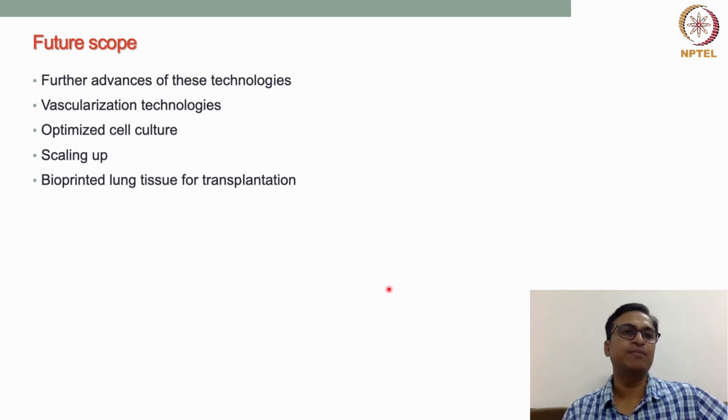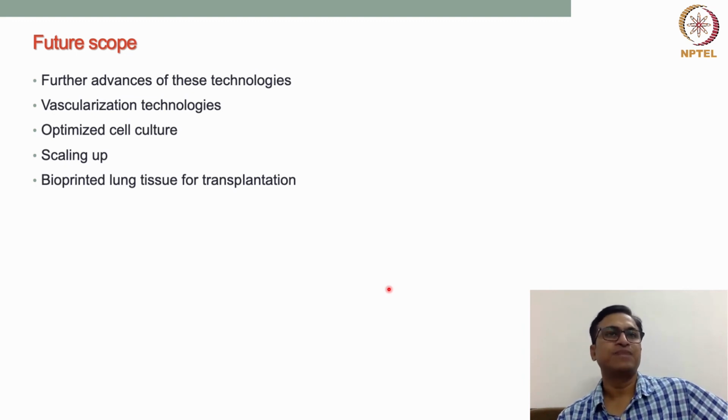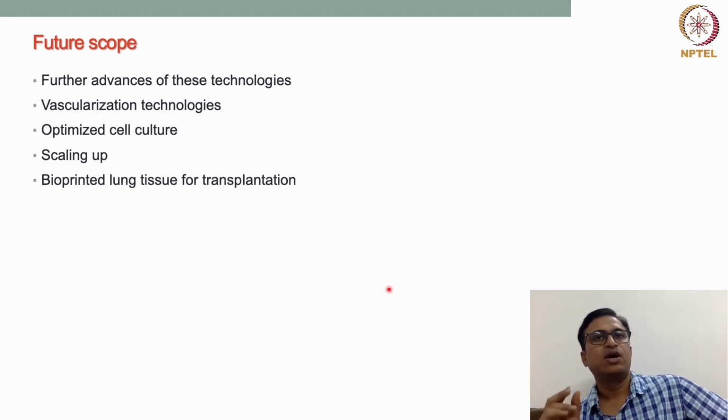Other thing is the scaling up of all these technologies, because most of the technologies can create mostly small structures or building blocks. But if we can integrate all of these and scale them up, then probably we can print whole tissue structures. So the ultimate goal of all these things is to develop a bioprinted lung tissue for transplantation.